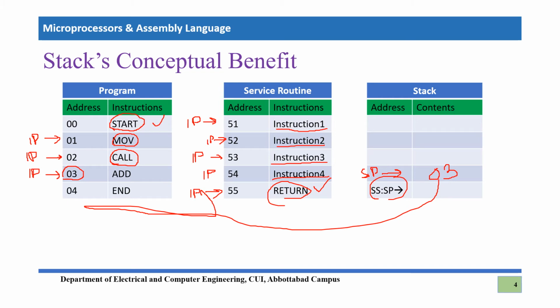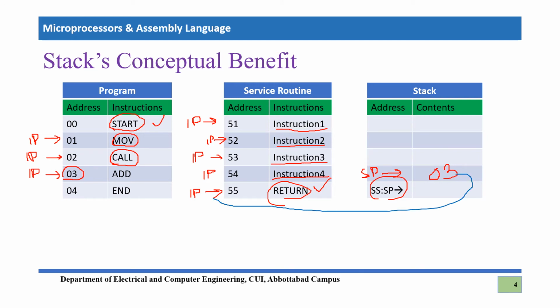Sorry, let me make things easier. So this 03 value will be loaded to IP. Whatever the IP register is, it will have the content of 03 back.